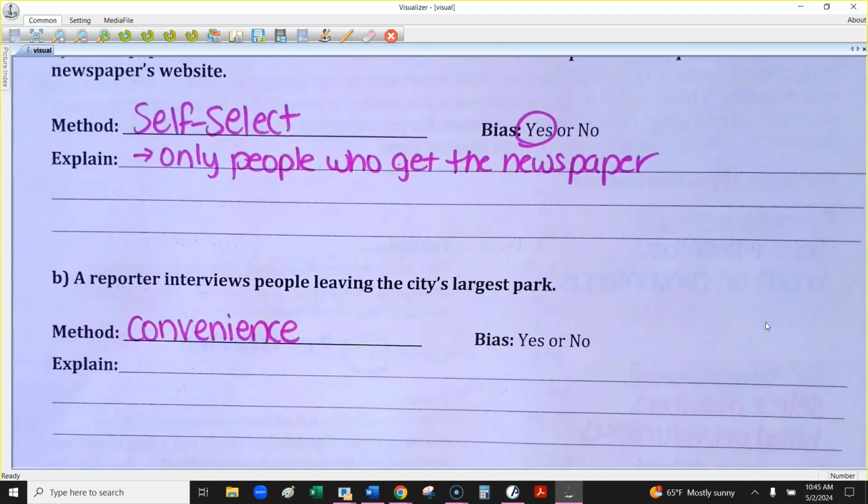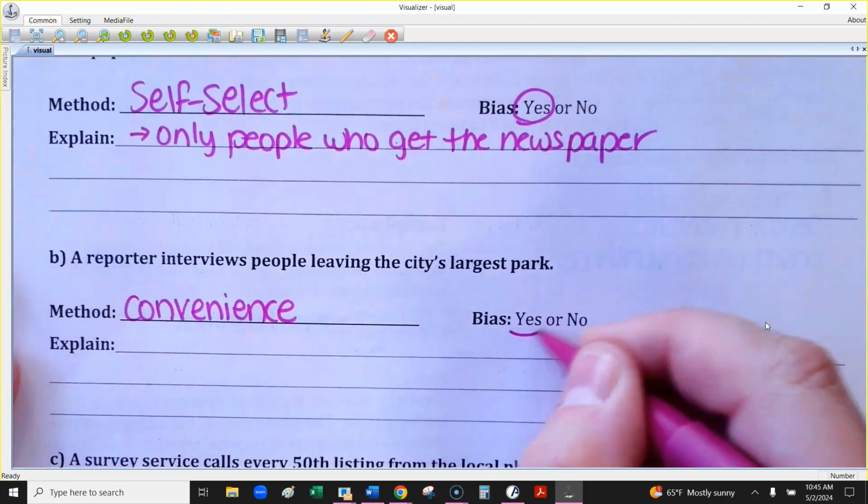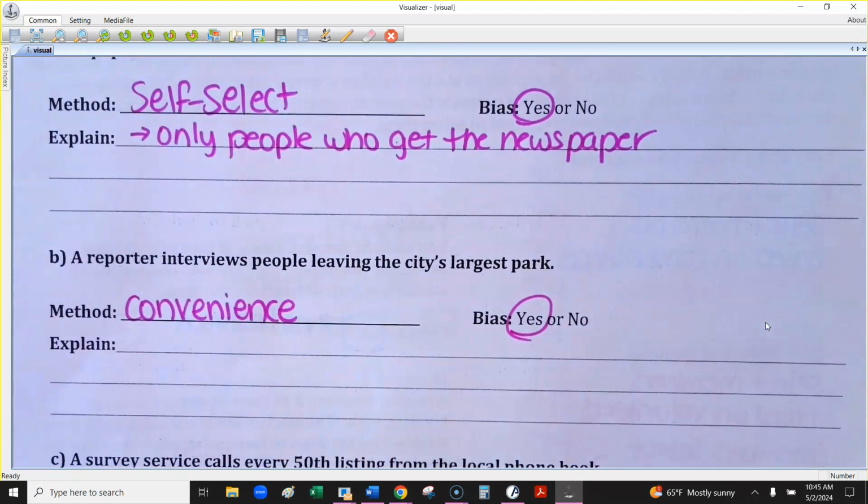Okay, if I'm talking about raising money for a local park and I stand outside the park and ask people questions conveniently for me, do you think this is biased or not? Why? Exactly. This is super biased, right? People that go to the park and utilize the park would probably be in favor of improving the park.